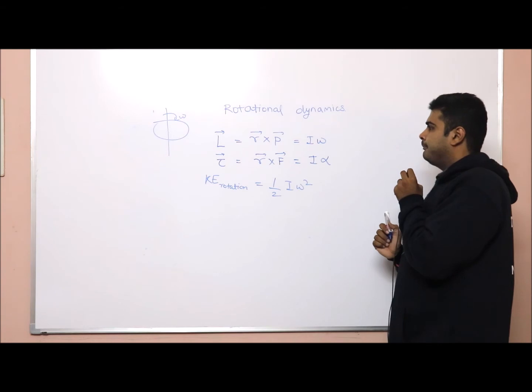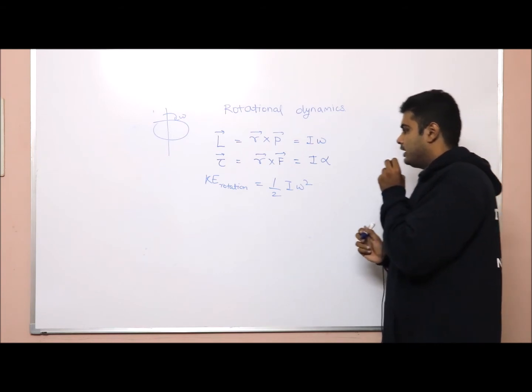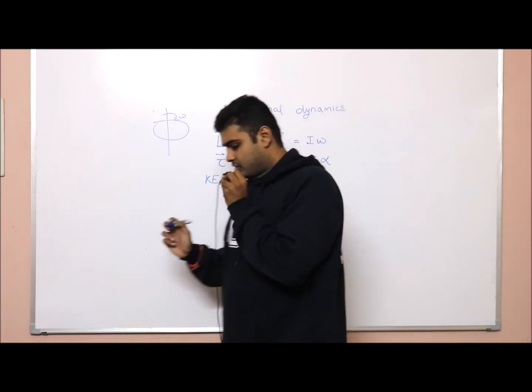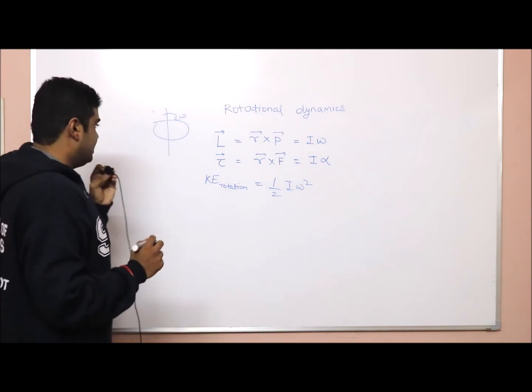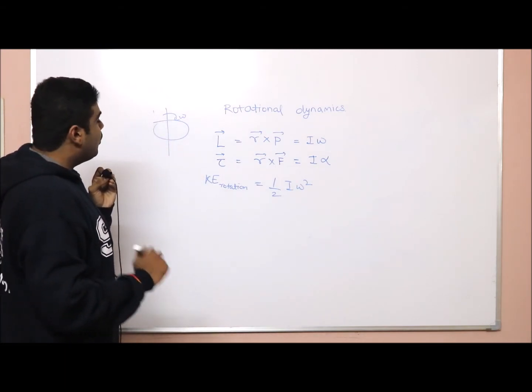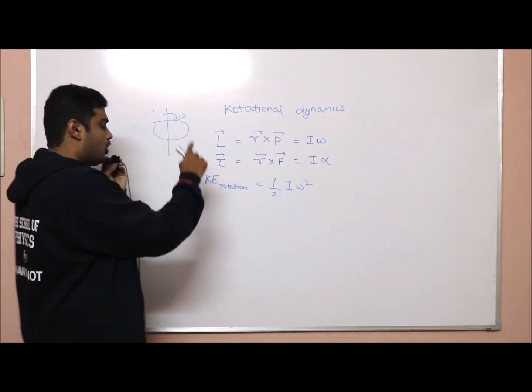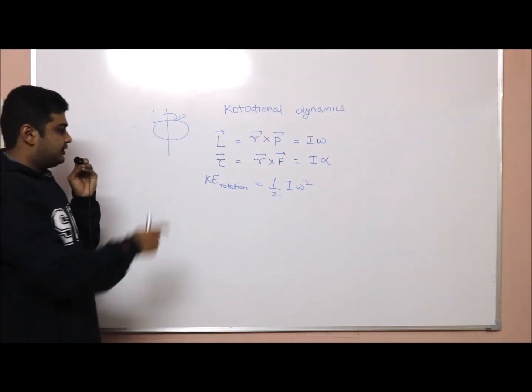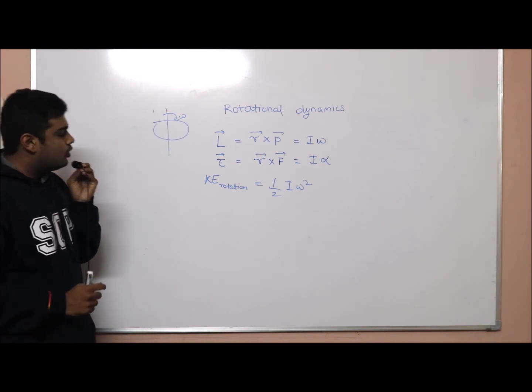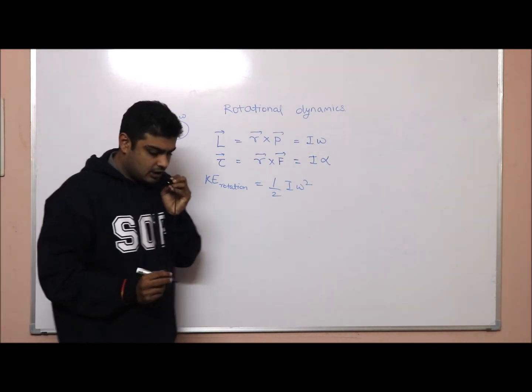Now, okay, so the next thing that I'll teach you is going to be angular momentum is equal to r cross p, torque is equal to r cross f, kinetic energy of rotation is equal to half I omega square.